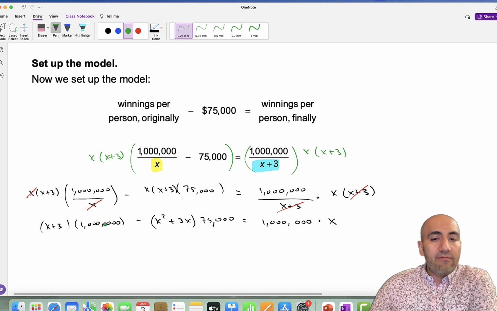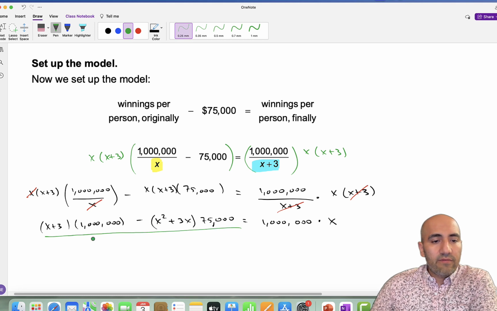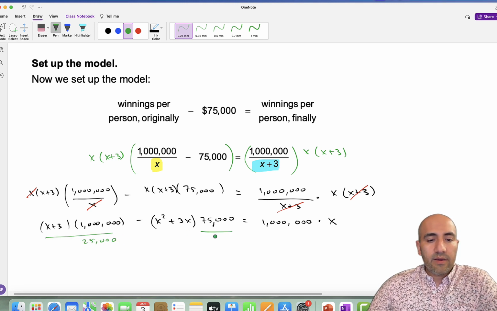So if I divide everything by 25,000, or actually let me just do each one separately. Divide this by 25,000, divide this by 25,000, divide that by 25,000.